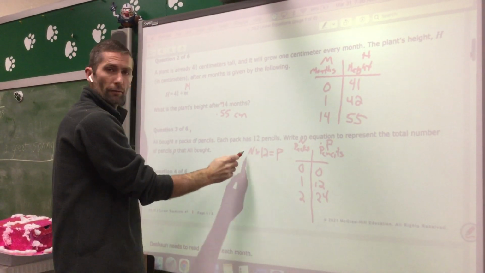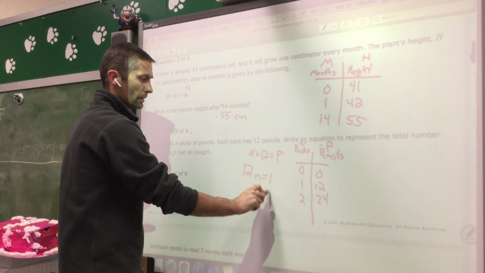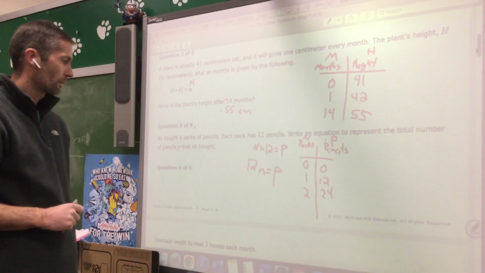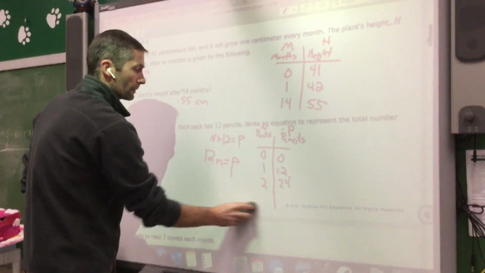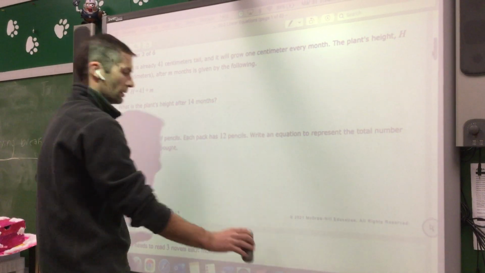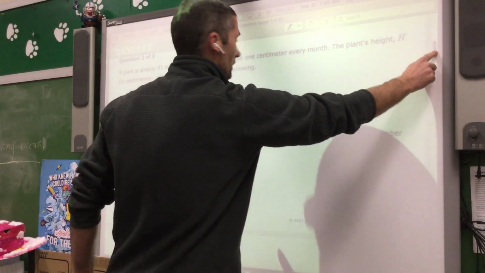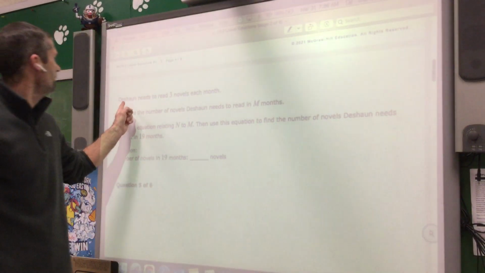Better yet, when we write a variable with a number, we say 12n equals p. That's our equation. Okay. We could graph that, put that on a line graph, but for now, you are just writing the equation.